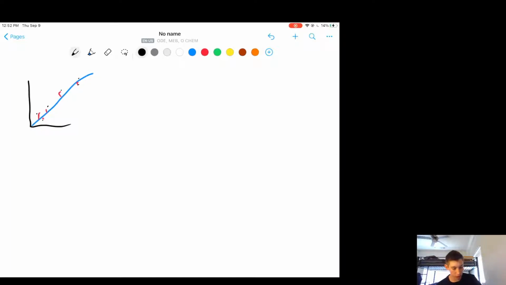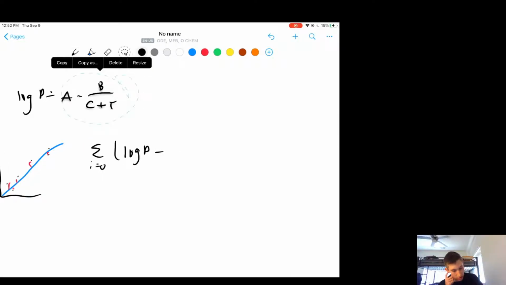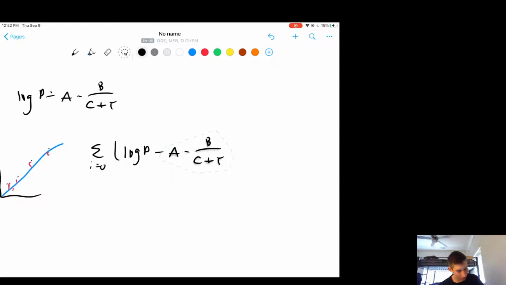We're basically going to sum all of the differences, so that would be log P minus, and I'll write the Antoine equation up here, so log P equals A minus B over C plus T. I'll take this and put it down here.